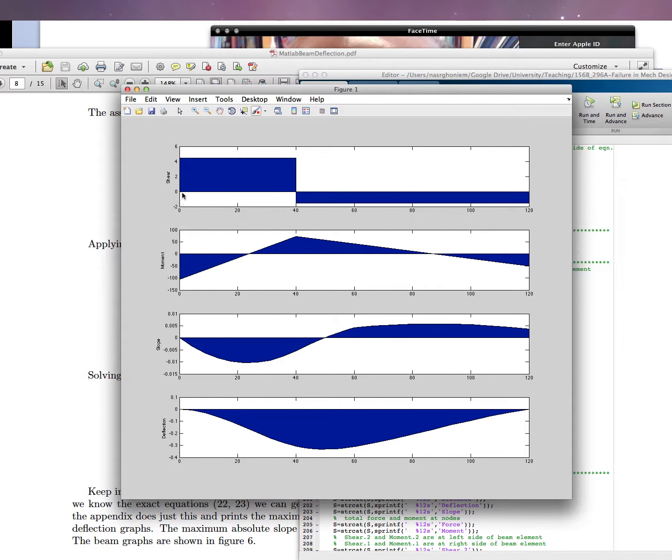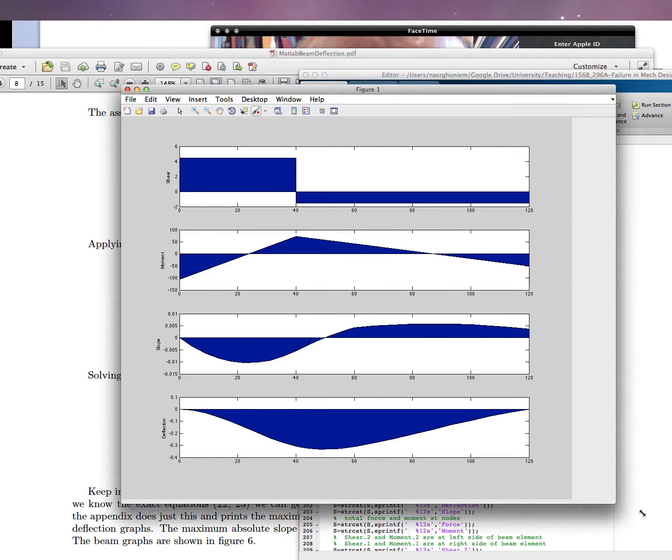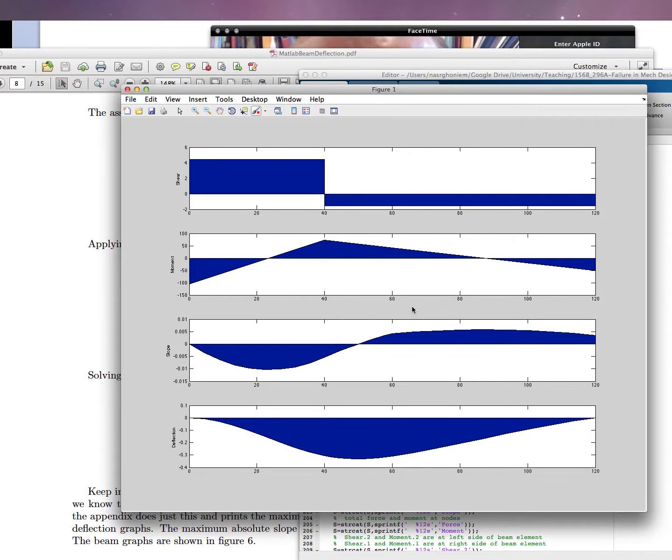And the solution gives us, from this code, the shear force diagram, the moment diagram, the slopes, and the deflections. And that's pretty much the results that we need for that part of the solution.